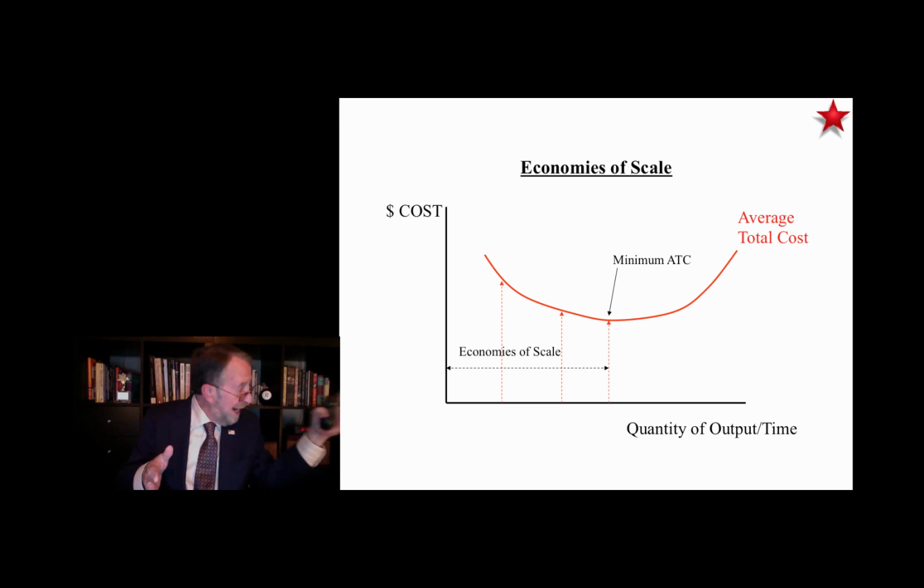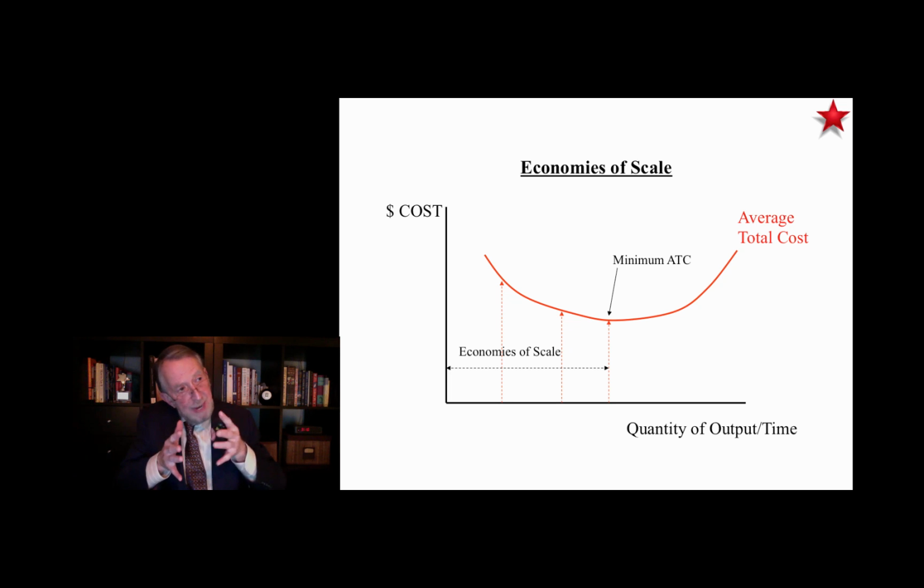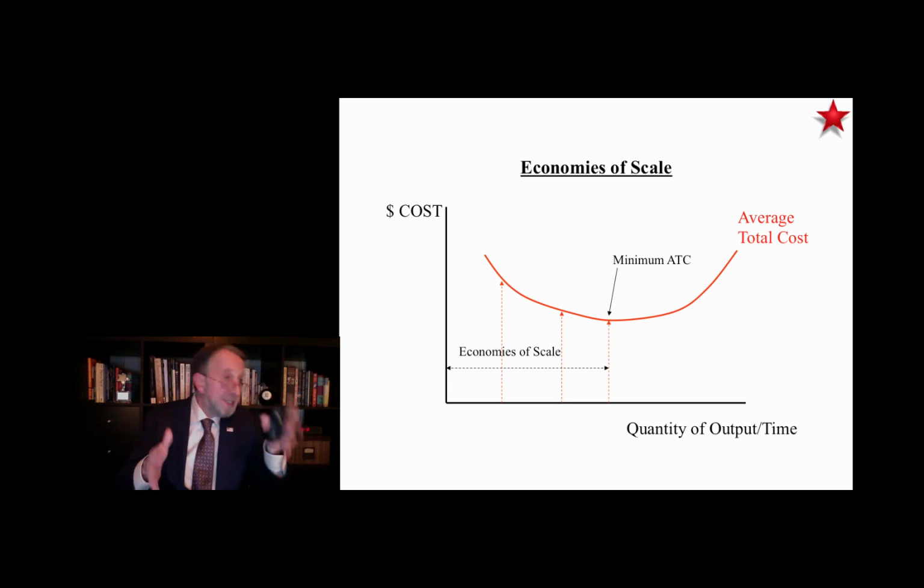And that's this first range on the diagram, the range of economies of scale in production. The firm would like to expand production in that range because the per unit cost is coming down. The average cost is the same as the per unit cost in terms of language.